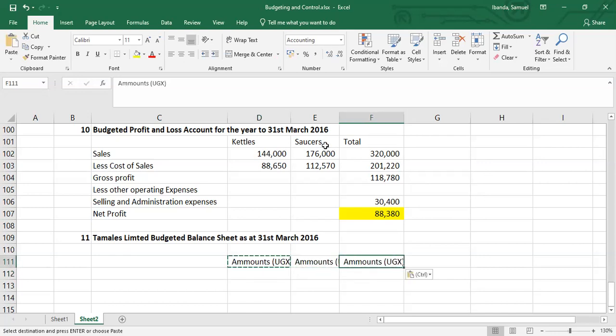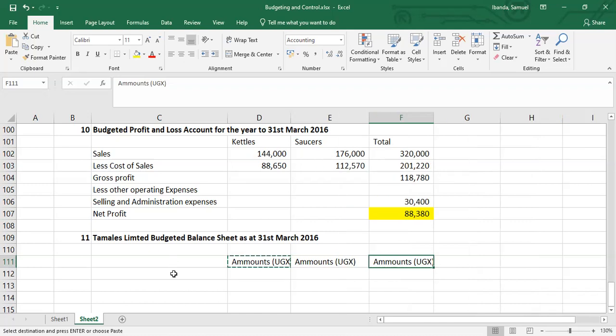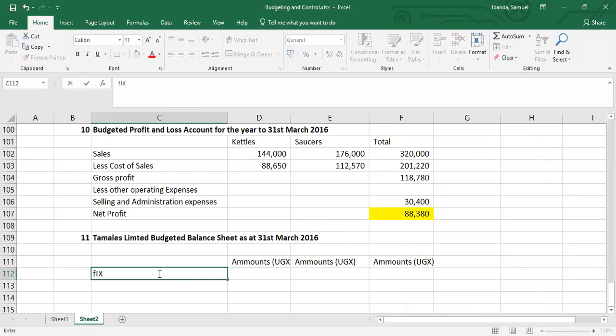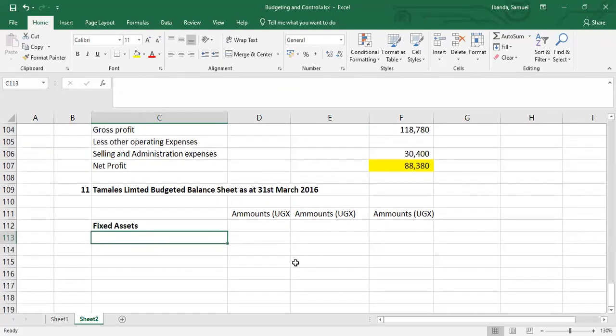I can create 3 columns right there, and then I'm going to have my fixed assets.